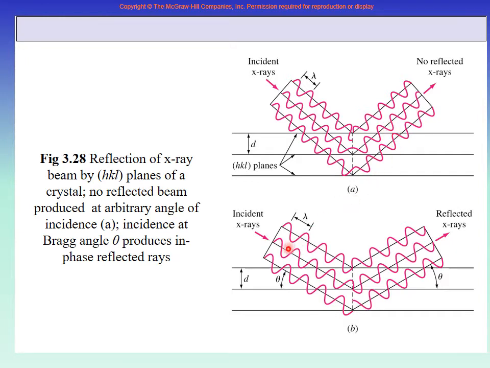But if it is going the same way, hitting this plane and then this plane, and the tops and tops are aligned, the bottoms and bottoms are aligned, it is called constructive interference. When it is destructive interference, you don't see any light, you see a dark band. And when you see constructive interference, then you see light.